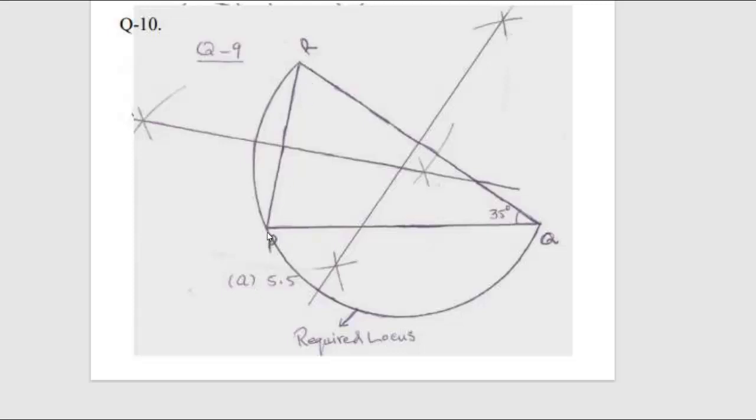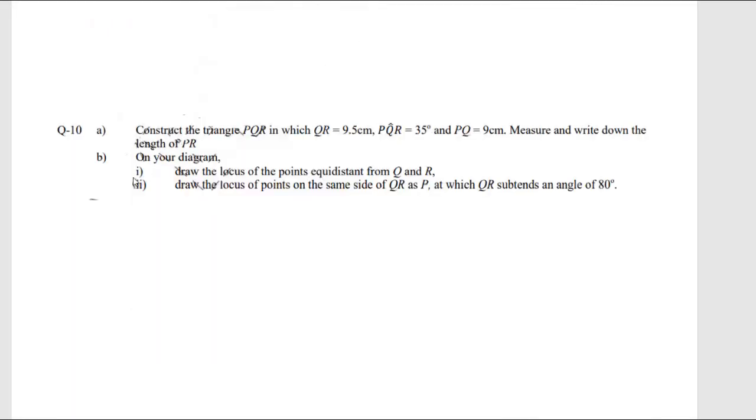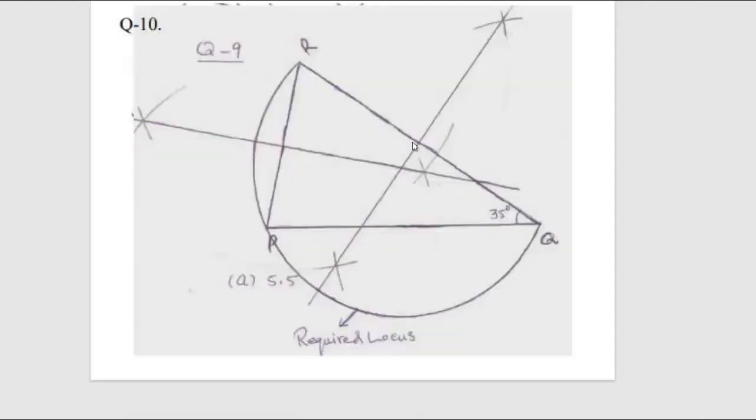By measuring this length by the ruler, this length is 5.5 centimeter. On your diagram, draw the locus of points equidistant from Q and R. Locus which is equidistant from 2 points is perpendicular bisector. So this is the perpendicular bisector of line QR.